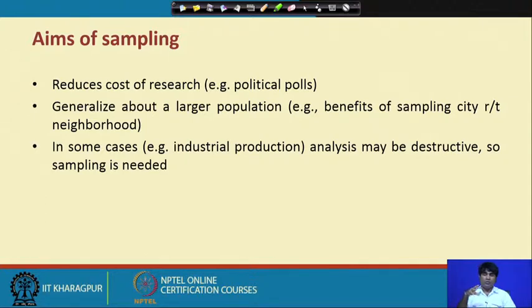Like we have time series data, cross section data, then pool data and panel data, here also the sampling procedure is like that. We have different cross sections. That is the sample selection, and when you club them, it becomes the population.